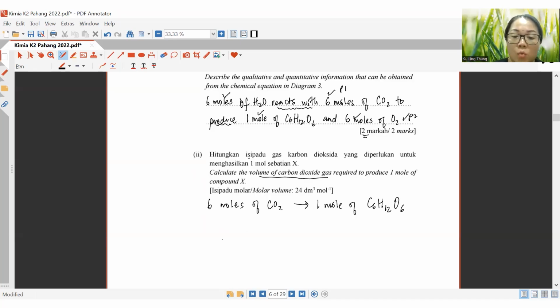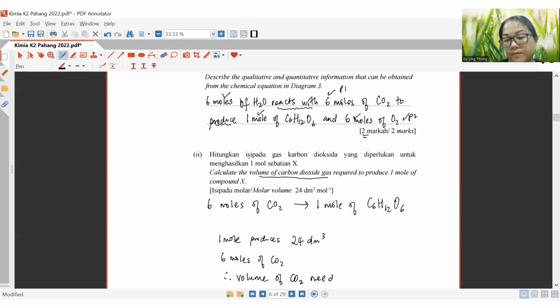If 1 mole produces 24 dm cube, and in this case you've got 6 moles of CO2, so volume of CO2 needed is equal to 6 times 24, which is 144 dm cube.